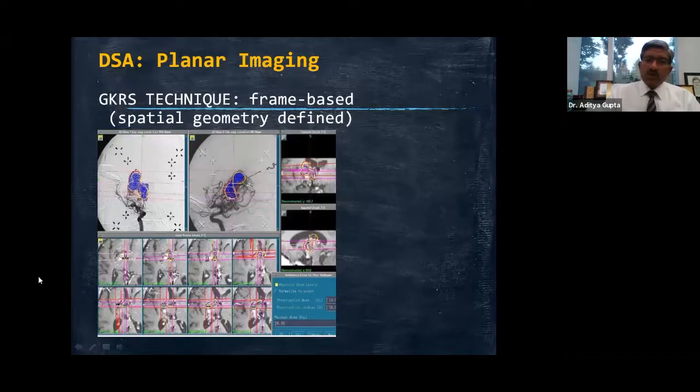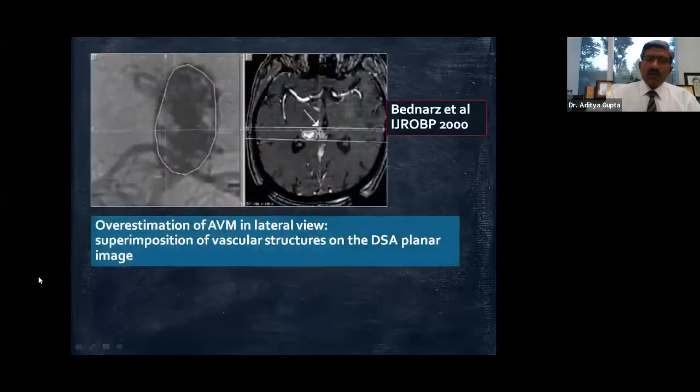But that is doable in the case of the Gamma Knife because you are doing it as a frame-based treatment, and therefore the spatial geometry of the imaging space is defined both in the MRI and in the DSA suite by using indicator boxes. Now, it's not without its limitations.